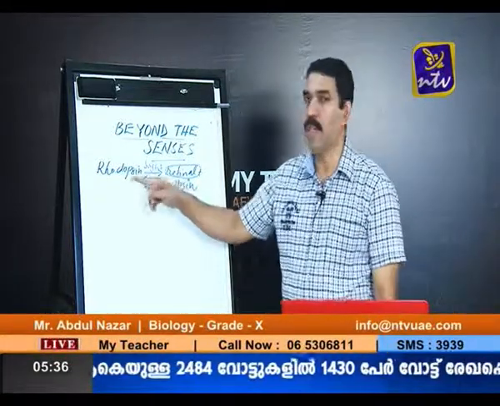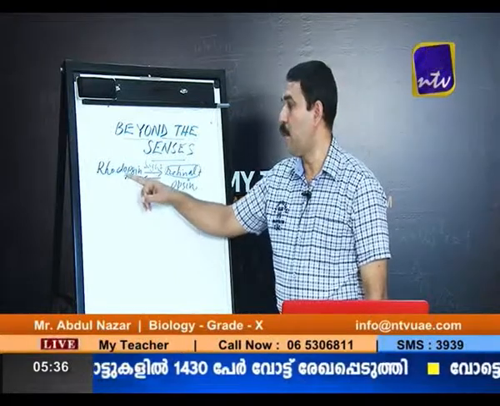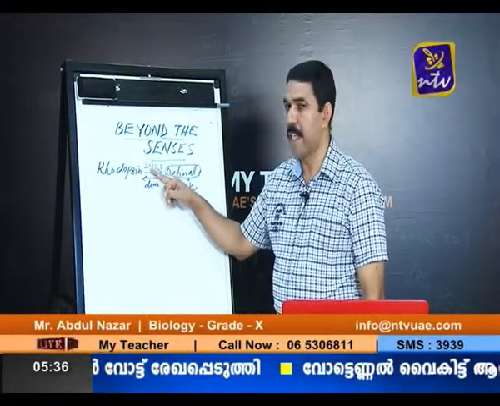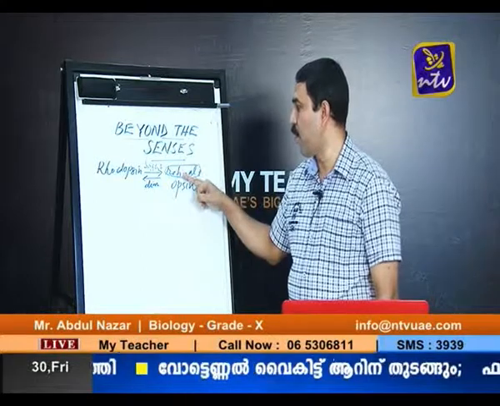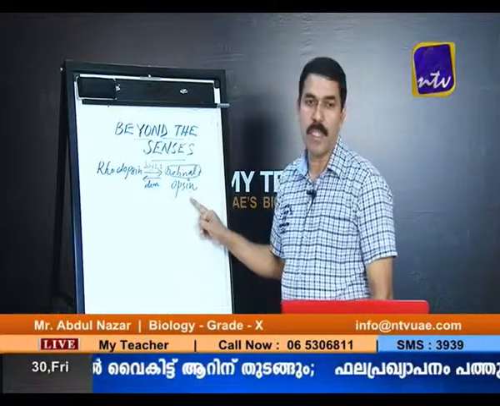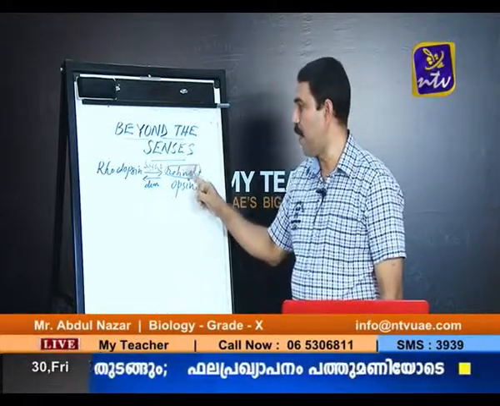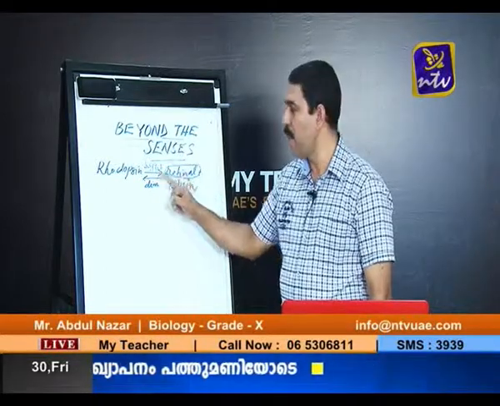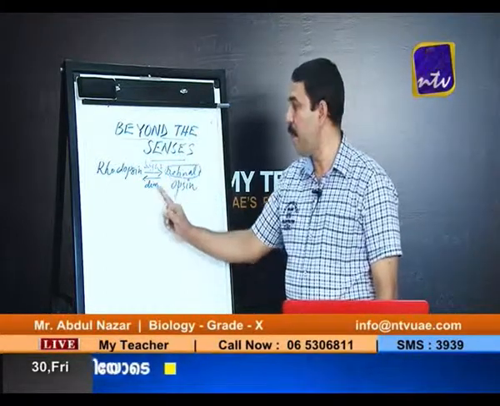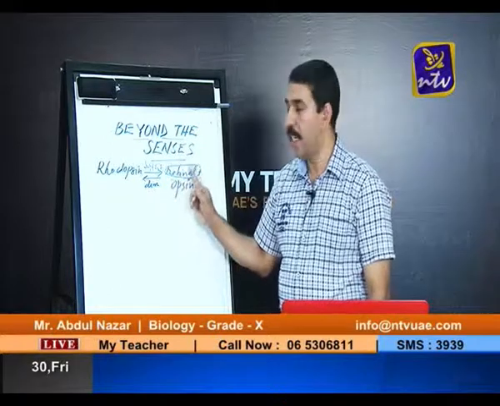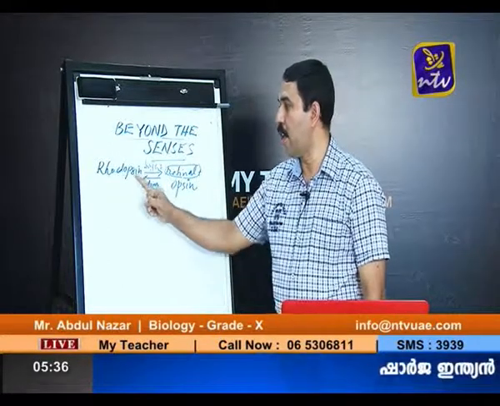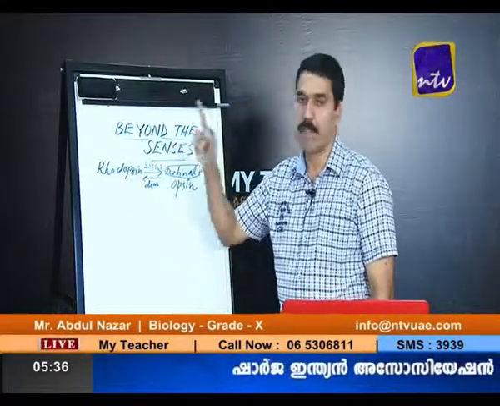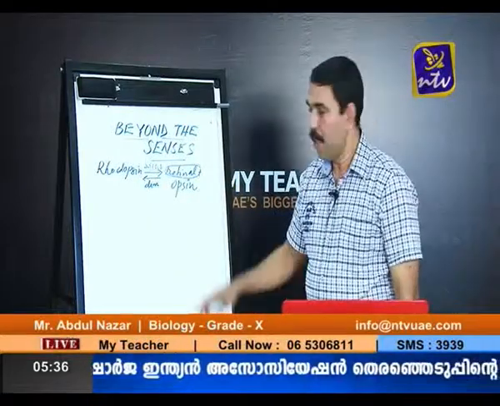Then I told you, rhodopsin in the presence of bright light splits into two components called retinal and opsin. Opsin is a protein, and retinal is formed from vitamin A, so it becomes inactive. But in dim light, retinal and opsin once again join together to form rhodopsin and help us to see in dim light.